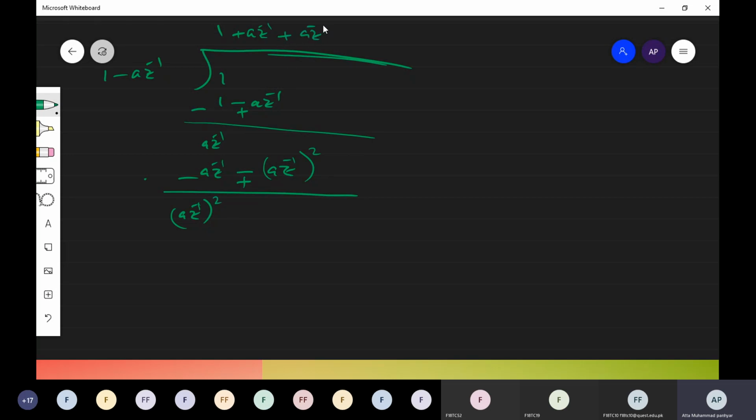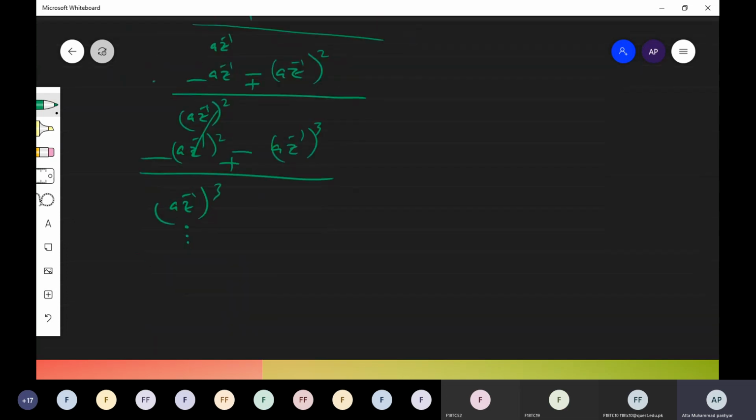Now you multiply with a z inverse whole square, then what you get is a z inverse whole square minus a z inverse whole cube. Now you subtract this, this cancels out, and this becomes a z inverse whole cube, and this goes on like this, right?